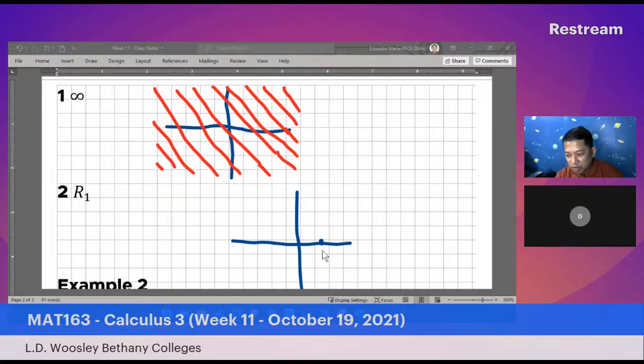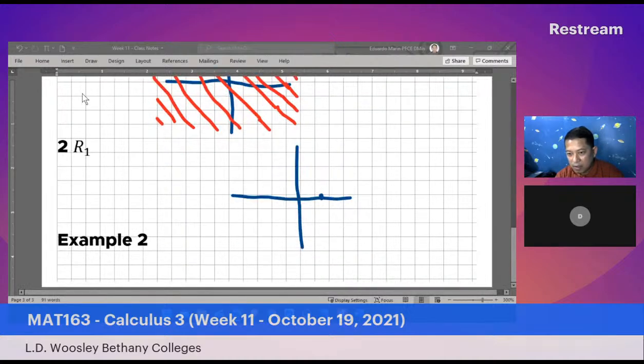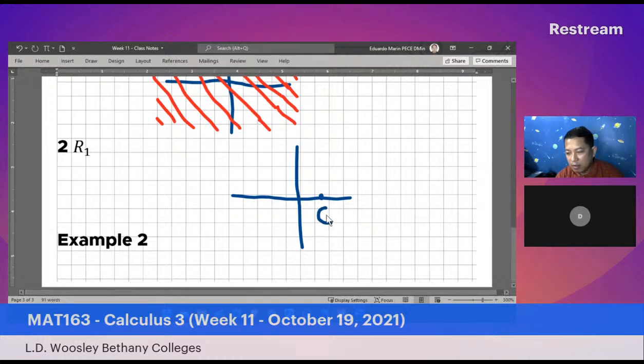Now, for region, assuming that you have a C here, okay, this is your value of C. It could be plus or minus. So, this is your C minus R sub 1. And let me extend this. And then you have here C plus R sub 1.